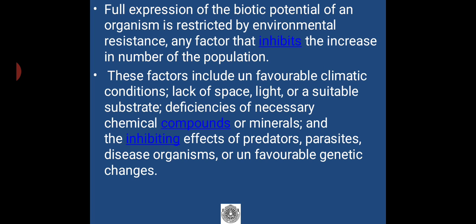These factors include unfavorable climatic conditions, lack of space, light, or a suitable substrate, deficiency of necessary chemical compounds or minerals, and the inhibiting effects of predators, parasites, disease organisms, or unfavorable genetic changes. So, these are certain factors which account for the biotic potential of an organism in a given environment.